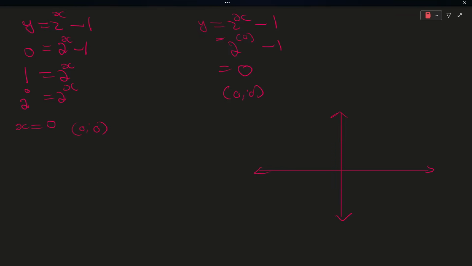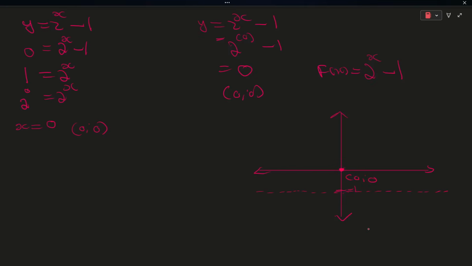That is -1, because my graph says f at x is equal to 2 to the power of x minus 1. So here at -1, I'm going to draw a dotted line to indicate the asymptote, and my graph will never touch this line. My x- and y-intercept is here where (0; 0).